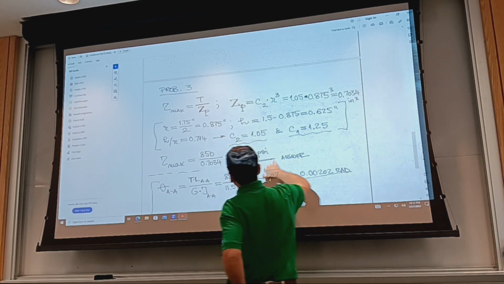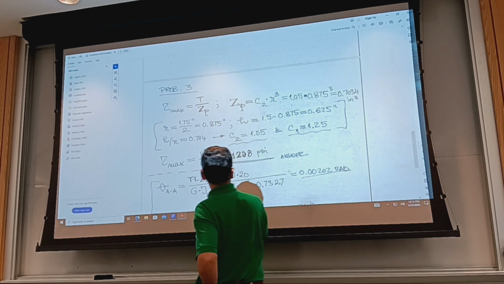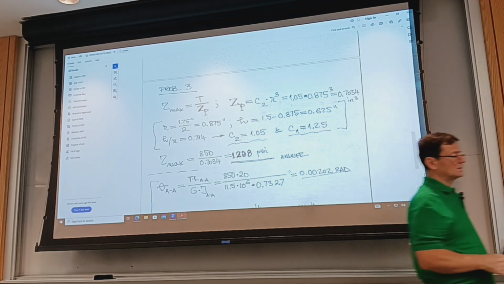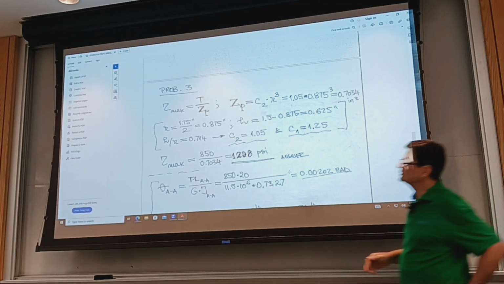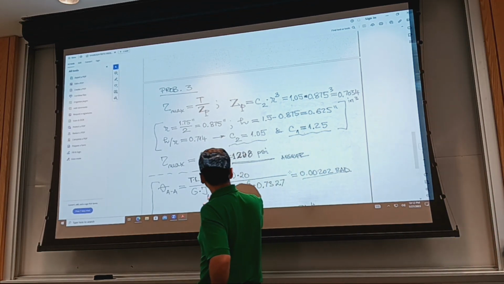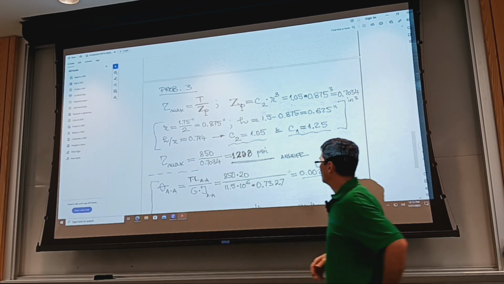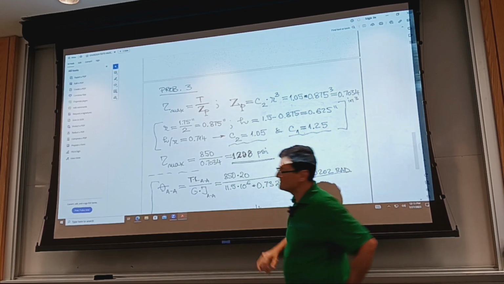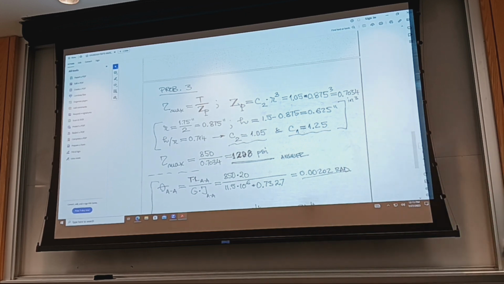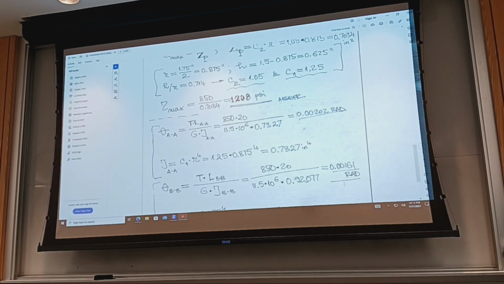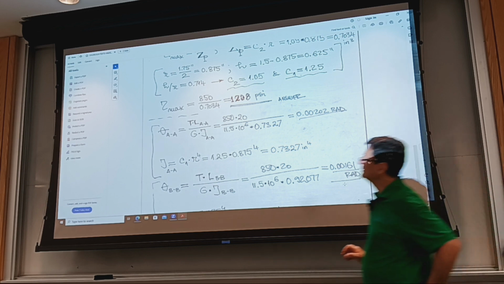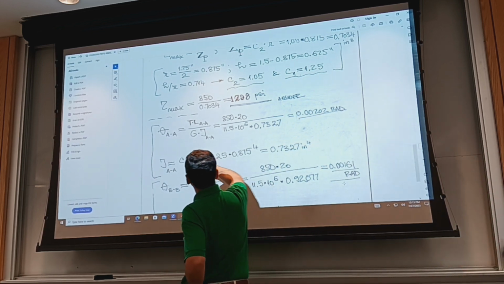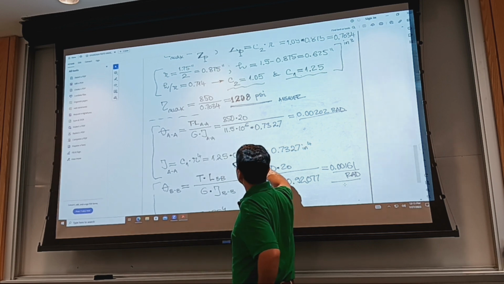So evaluate tau max, and then the angle of twist has 2 components: twist of the flattened section and twist of the solid section. For the flattened section, we use the equivalent polar moment of inertia, using the C1 value, C1 times R, the radius of the solid shaft or the round portion of the shaft, to the power 4.